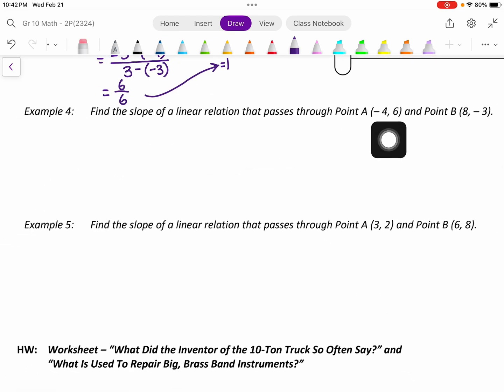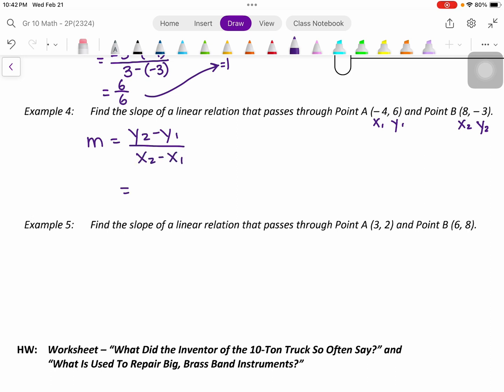So I have negative 4 for x here and 8 here. Negative 4 is a smaller number. So I have x1, y1, and then x2, y2. So slope equals y2 minus y1 over x2 minus x1. y2 is equal to negative 3. y1 is 6.